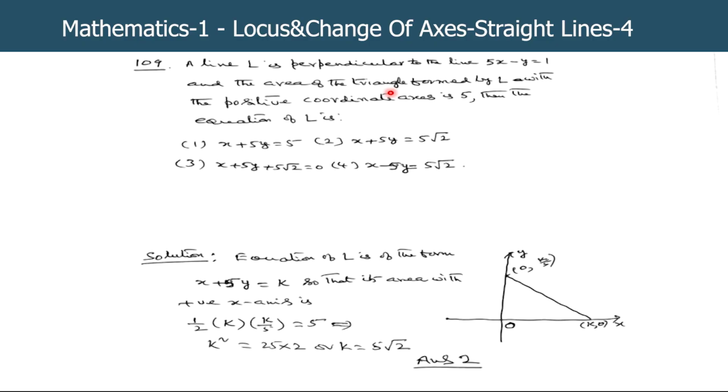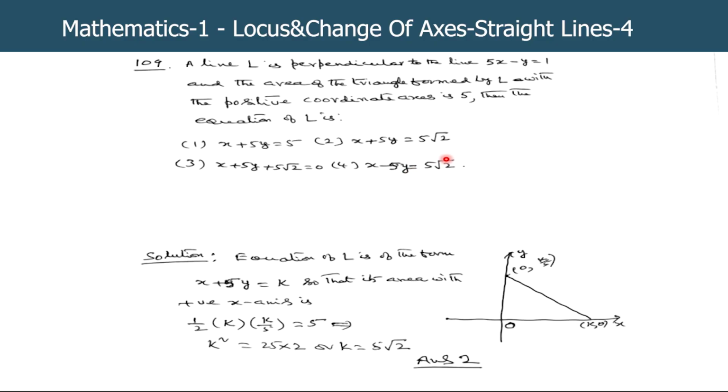109. A line L is perpendicular to the line 5x minus y is equal to 1 and the area of the triangle formed by L with the positive coordinate axes is 5, then the equation of L is: 1) x plus 5y is equal to 5, 2) x plus 5y is equal to 5 root 2, 3) x plus 5y plus 5 root 2 equal to 0, and 4) x minus 5y is equal to 5 root 2.